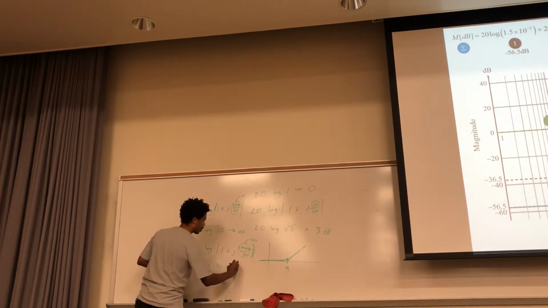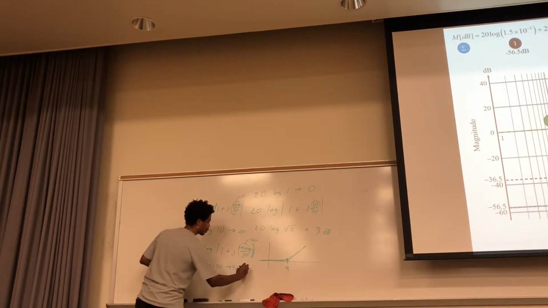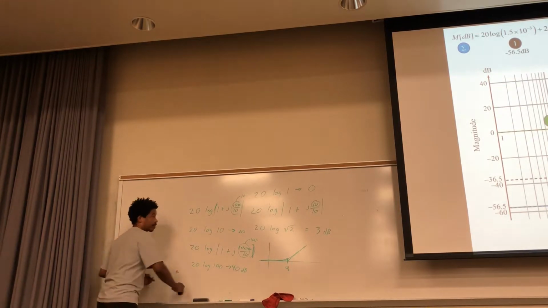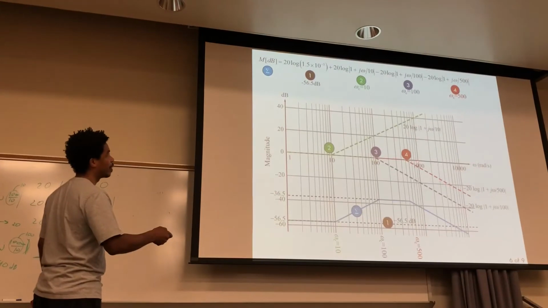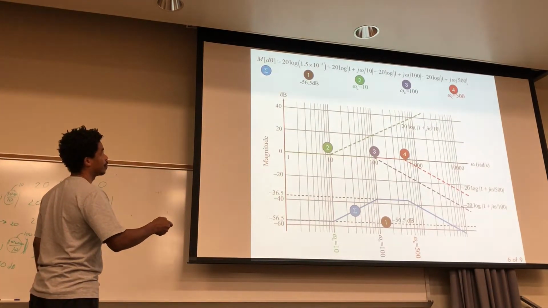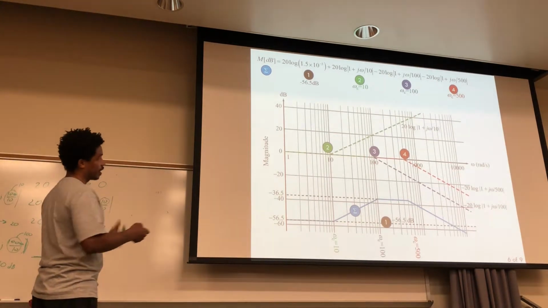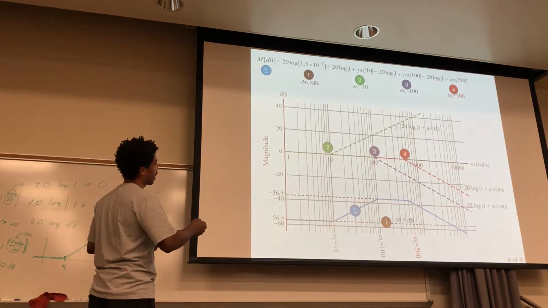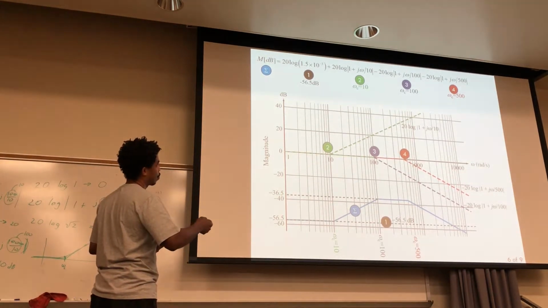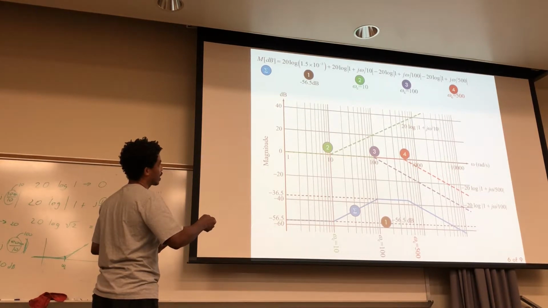So that's like around 40 decibels. So that's why at that omega, that should be around 40 decibels right here. And of course, you're doing this on a log plot, so that's why it looks like it asymptotes quite quickly. But that's why this goes off at 20 decibels per decade, because of these reasons right here.